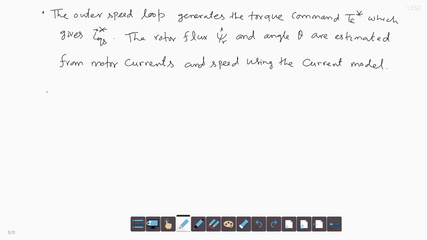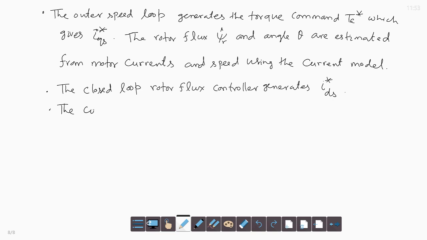So, the closed loop rotor flux controller generates the flux current component of the current I d s star.